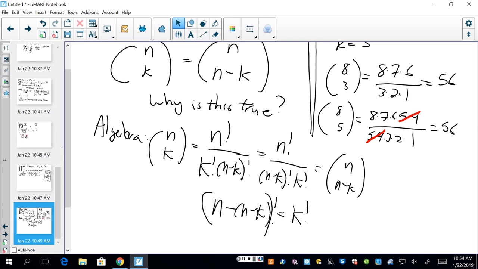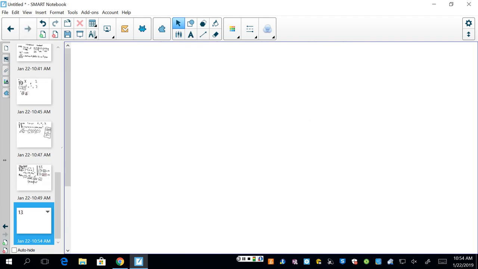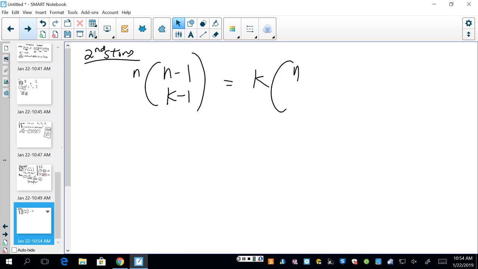So sometimes you can tell some stories like that to put things equal together. So here's a little second story. Let's say here's an equation: n times n minus 1 choose k minus 1 equals k times n choose k.